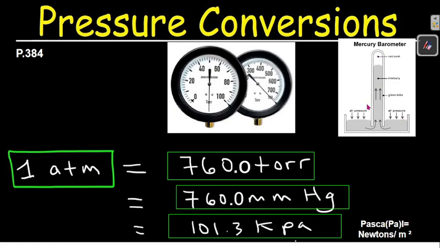So the air pushing on the mercury makes mercury go up. And this has little lines that allows you to read the ups and downs of that mercury in the tube, and that's translated into millimeters of mercury. And that was one way that people measured atmospheric pressure.